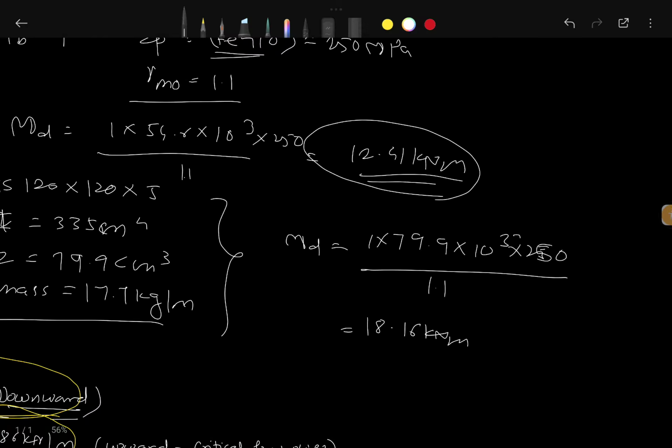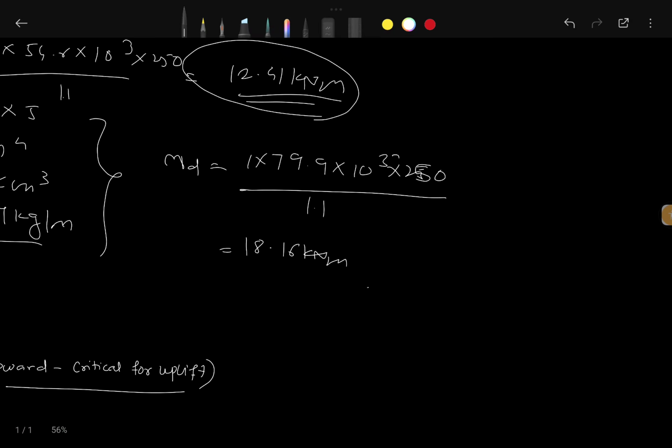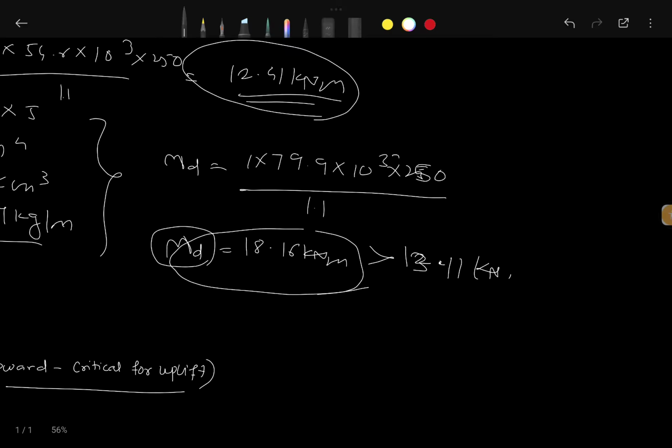So now we see this detail. Okay, MD is equal to 1 into 79.9 into 10 to the power 3 into 250 divided by 1.1. The 18.16 kilonewton meter, this value of moment will come. This value is greater than 13.11 kilonewton meter.